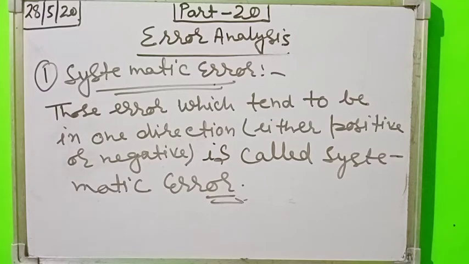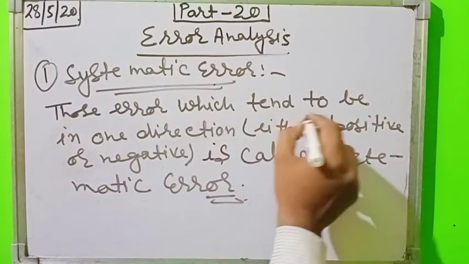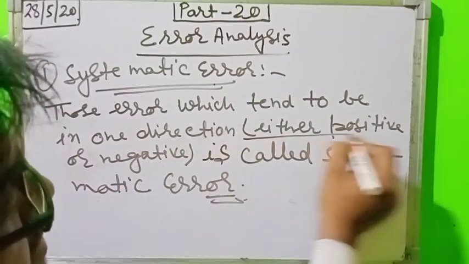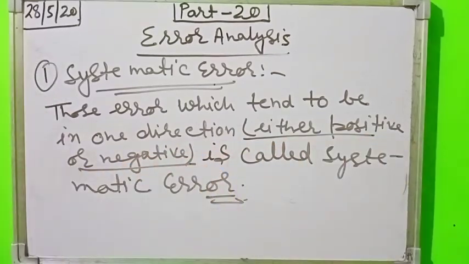Now, what is the meaning of saying that the error will tend to be in one direction, either positive or negative? As in the previous discussion, the error which arises due to imperfection in the system or our measuring techniques or performing the experiment is called systematic error.